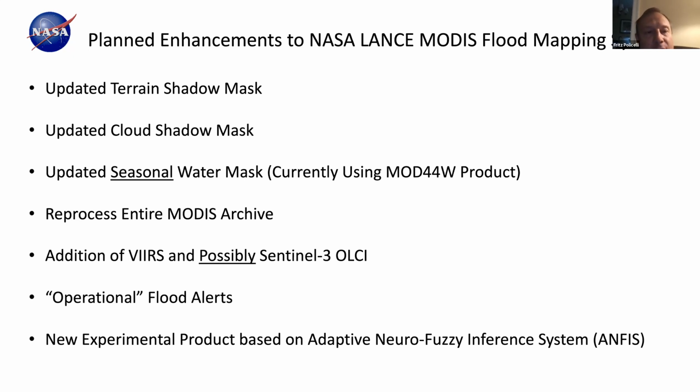But at the same time, if we have only 1 indication over 2 days, then we don't indicate flood, and so we're masking out probably a significant number, and we're giving false negatives in that case. So we're going to go back and look. We're working with Eric Vermote at Goddard. We're going to work with him and try to understand why we're getting problems in the first place with the MODIS cloud shadow mask.